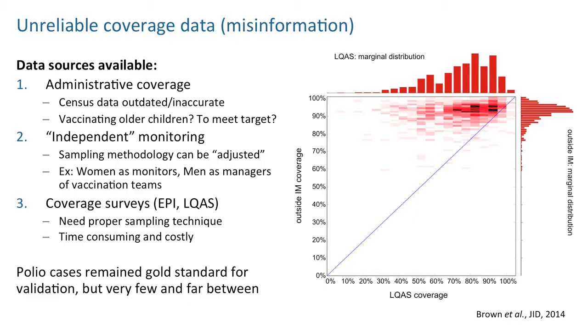In this case, you can see a very strong bias: the previous method consistently reports greater than 90% coverage, which is a programmatic target, fairly independently of what the true coverage is. I'm going to use LQAS coverage as a better measure here of what the actual measure of coverage is. So there's relatively little information in what was collected before compared to this new method.